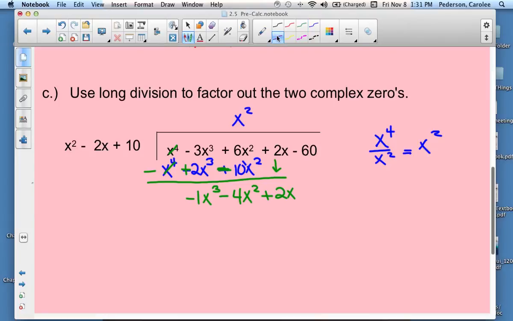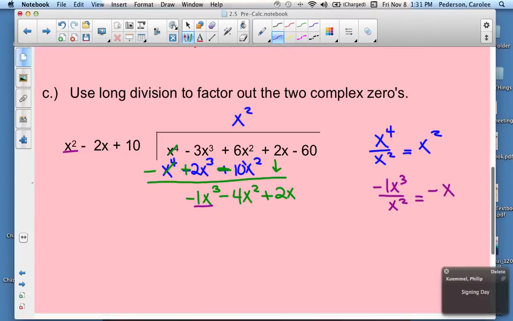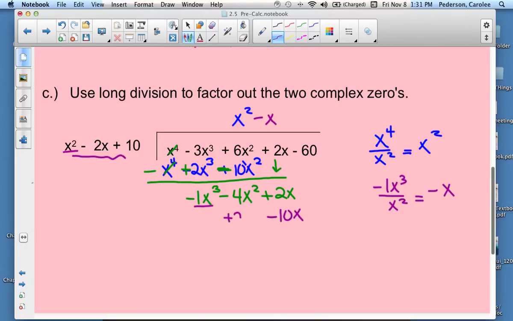Now we will say, what does x squared go into negative x cubed? So negative 1x cubed divided by x squared, we're left with negative x. So we'll put that up on top, negative x. Now we'll distribute negative x to the three terms in front. Negative x times 10 is negative 10x. Negative x times negative 2x is positive 2x squared.